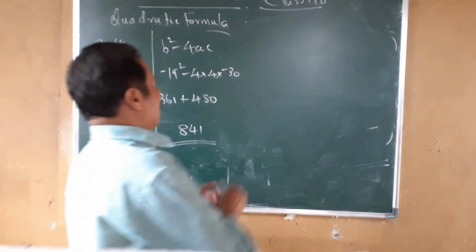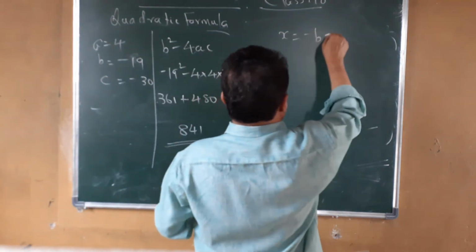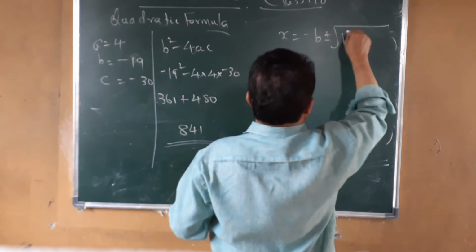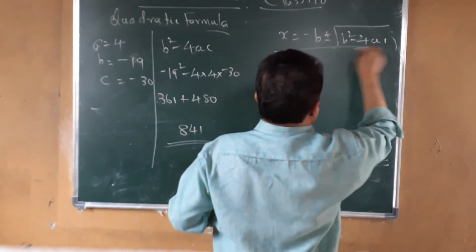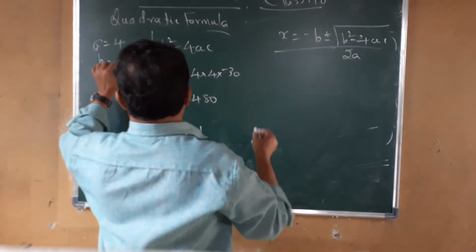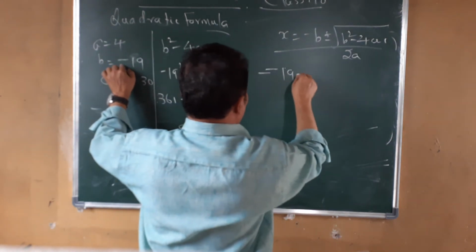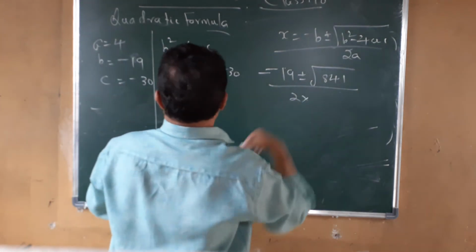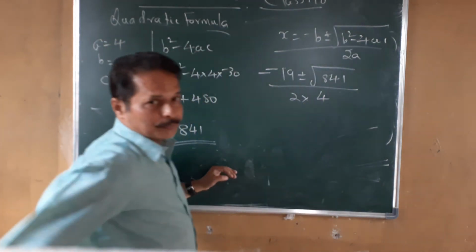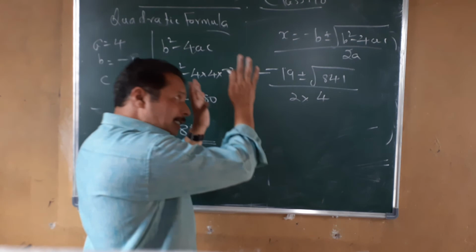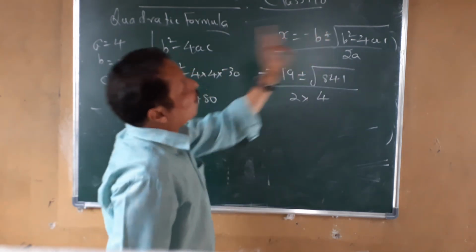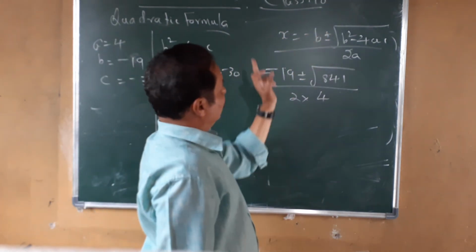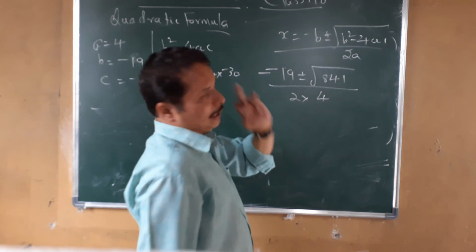Are you ready? Now x equal to minus b plus or minus root b square minus 4ac divided by 2a is minus 19 plus or minus root 841 divided by 2 into a, which is equal to 4. That is the substitution of the formula. b is minus 19, minus b is 19.